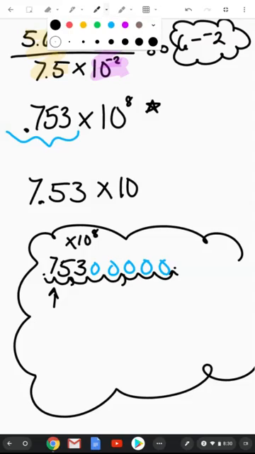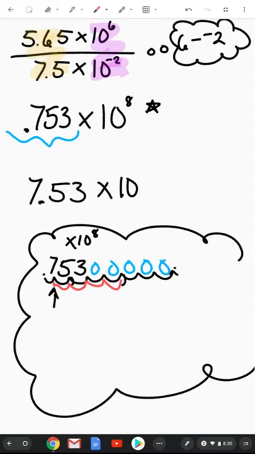So now I just need to think to myself, okay, if my decimal point is landing here, how many spaces is that shifting to get to my target number, or the actual number that is represented by the answer that I got here? So you can tell that it's one less shift, right?